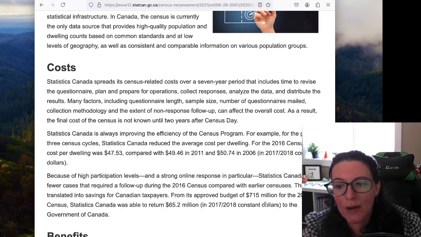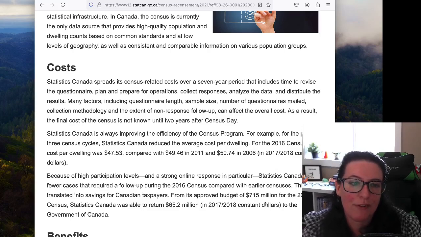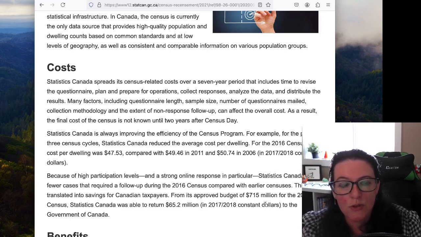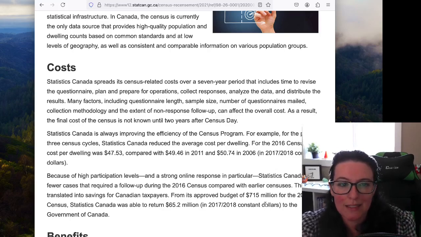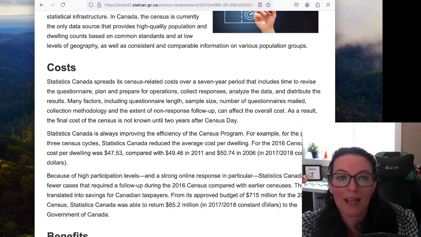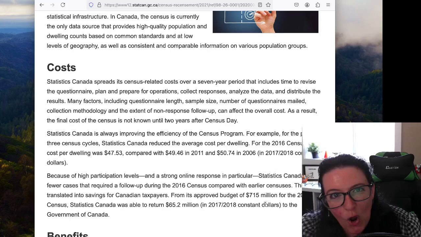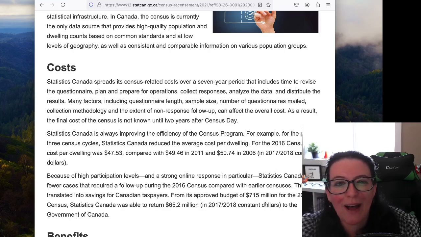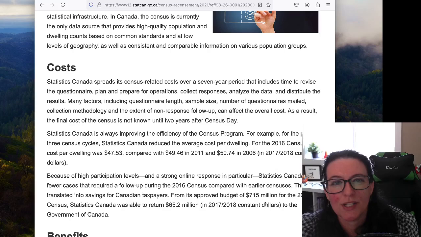So you can see how expensive it is, $715 million. So the downside to a census is it's very costly to try to collect information from everyone. It can be very time consuming to try to get a hold of everybody. The benefit is that you get all the information you need because you have everyone involved in your study.